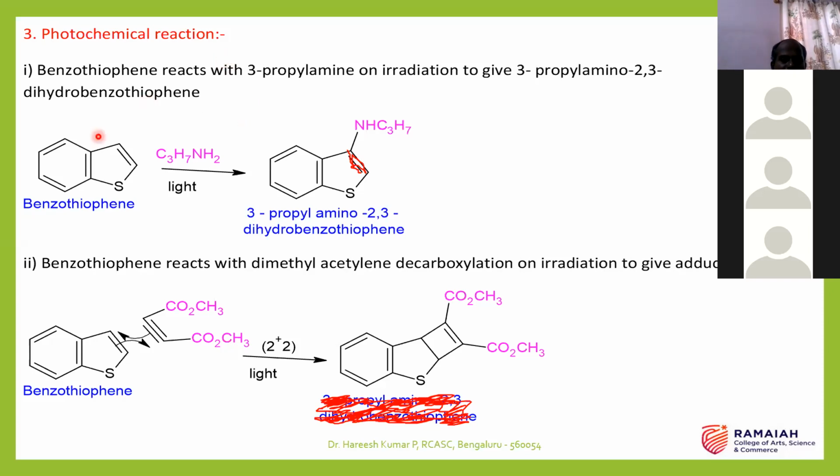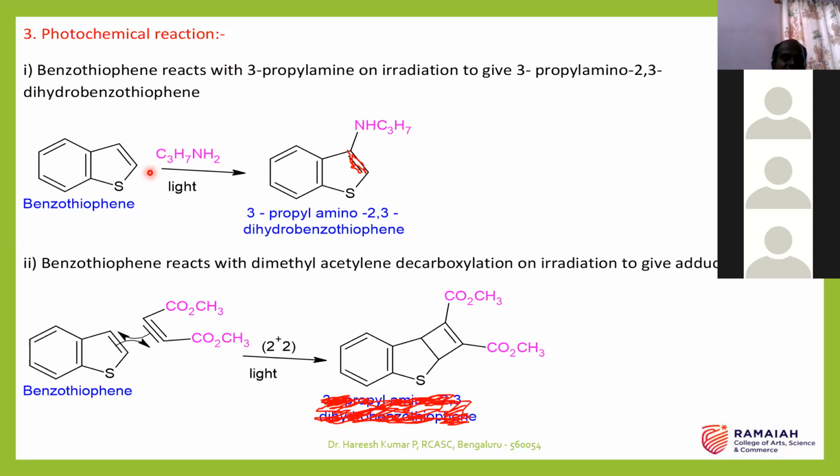So here, propylamine is treated with benzo-thiophene. What it means? You can take benzo-thiophene in acetone in a conical flask, add propylamine.